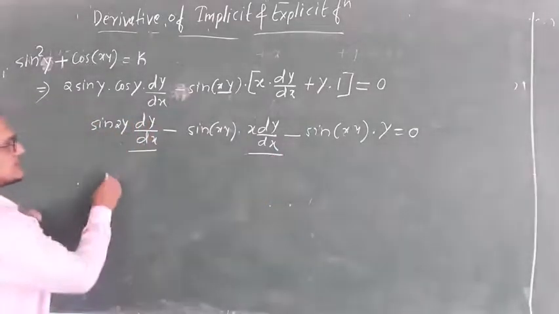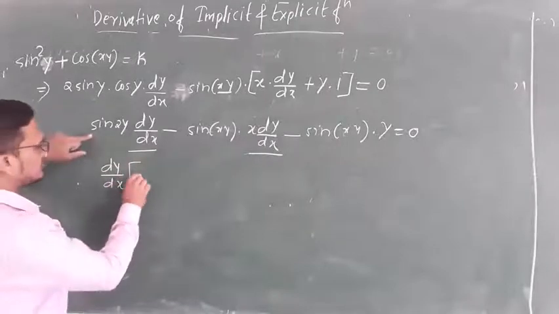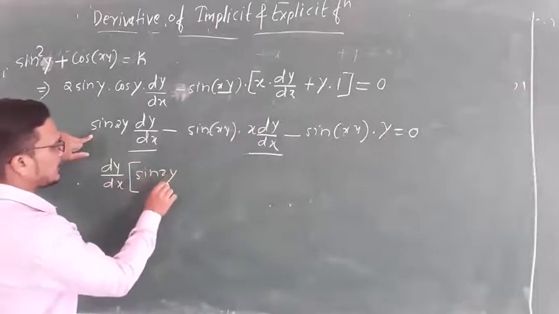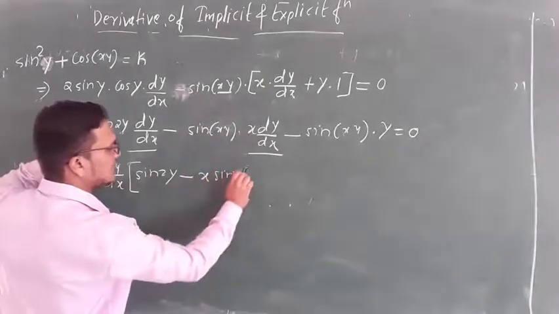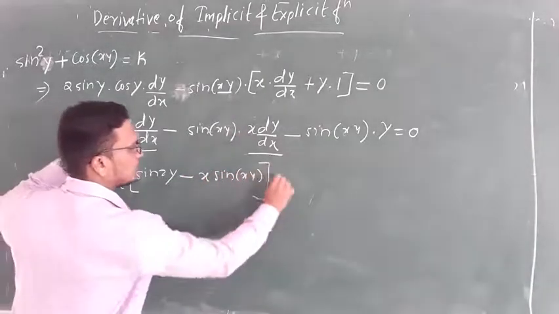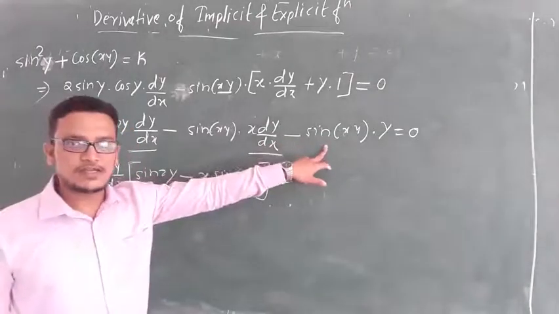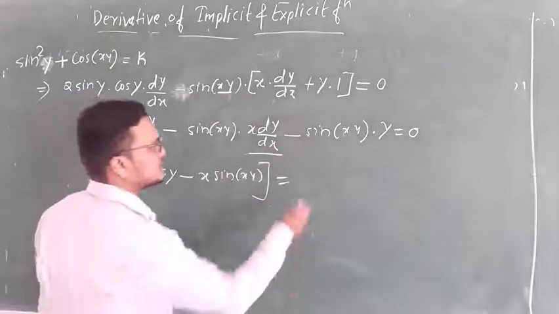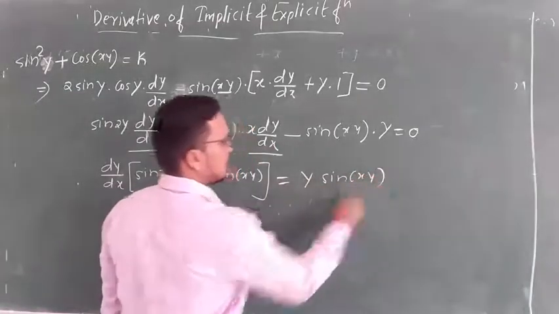So in this, the first two terms, dy by dx is common. So what is left? Sin 2y minus, I'll write x first, into sin of xy, which is equals to, here there is no dy by dx term, transfer to that side it becomes plus, so it is y into sin of xy.